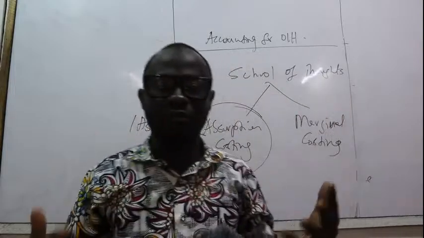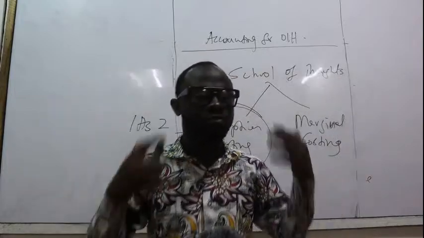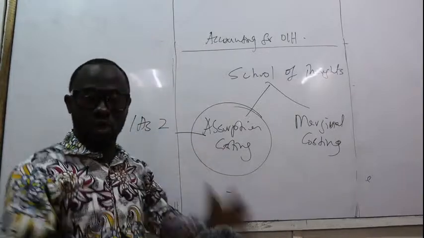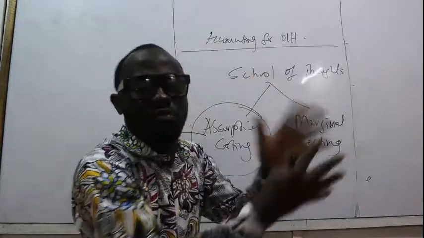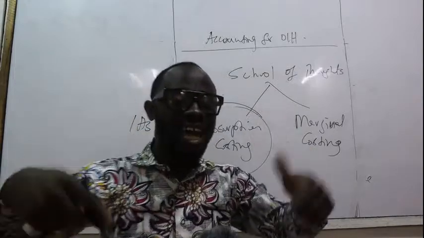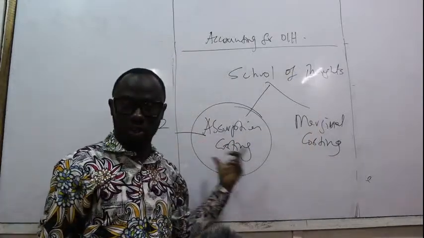So if we want to determine the cost of a product, or the cost of a process, what we're going to be looking for is to allocate an appropriate share of the overheads to the total cost of the product, and that is done better in the absorption costing school of thought.